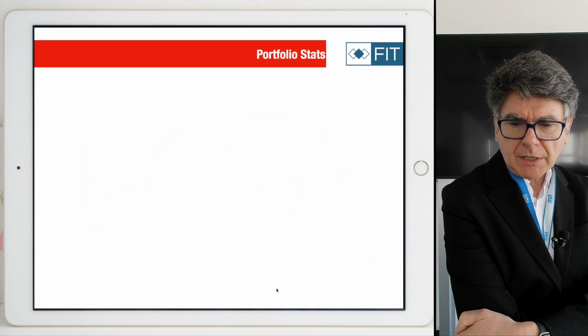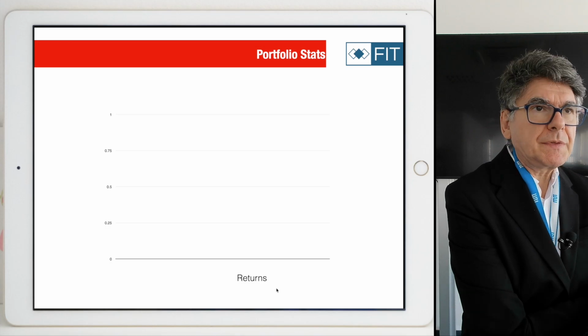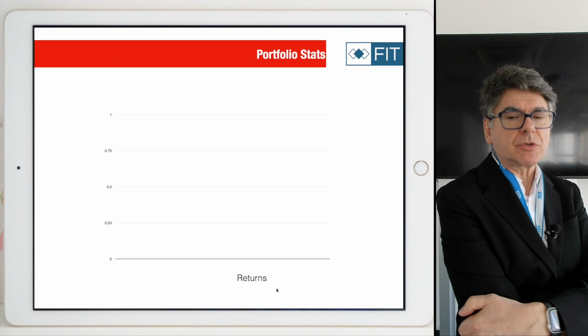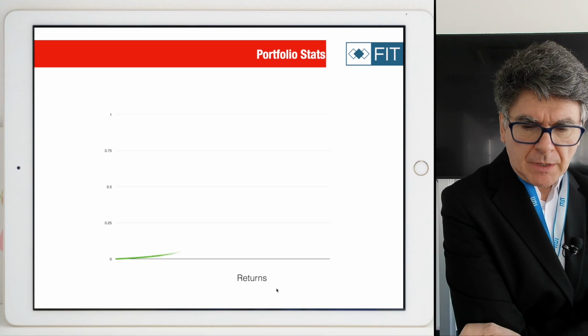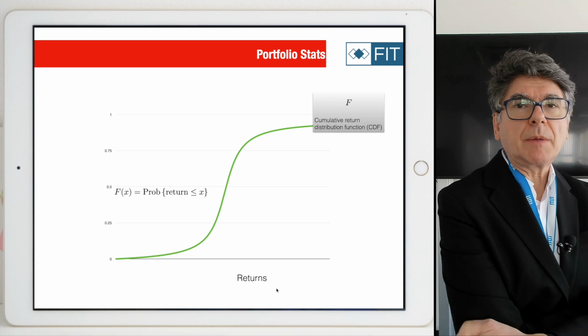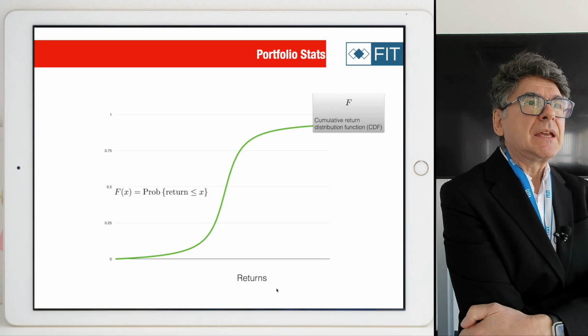Now, we already dealt with that. Today, my perspective is going to be how to use these numbers to do portfolio statistics. And there's going to be two objects that we're going to be working with when we do portfolio statistics.